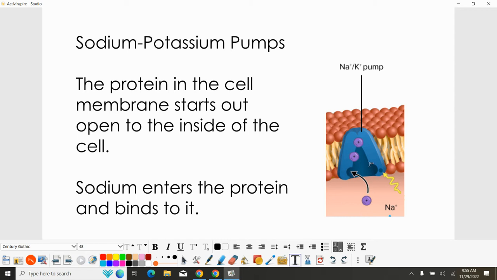As this opening is facing towards the inside of the cell, sodium ions can move into the protein and bond to one of three sites. Each protein can bond with up to 3 of these sodium ions. And again, this occurs when the protein is opened up towards the inside of the cell.